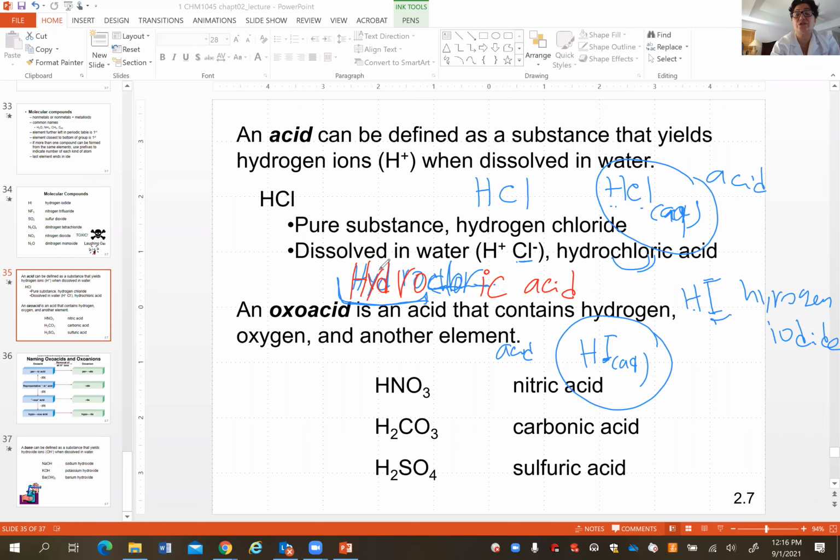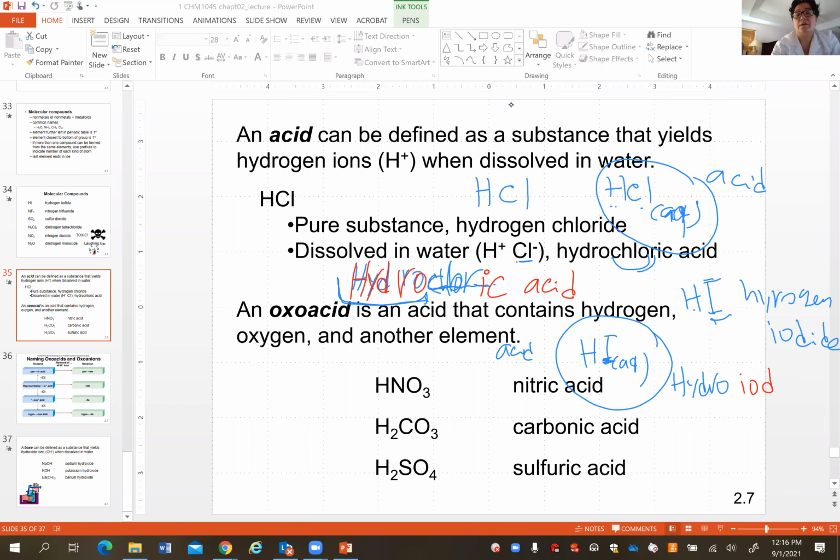So you are going to say hydro, and then the root name for the nonmetal, iod, as the root name.